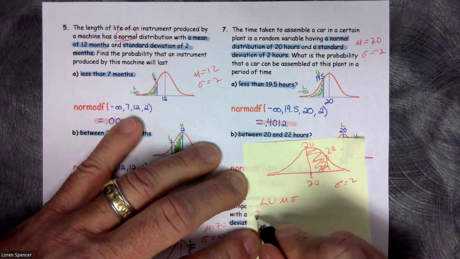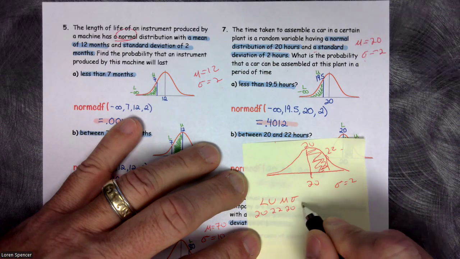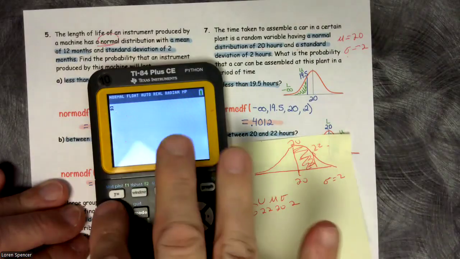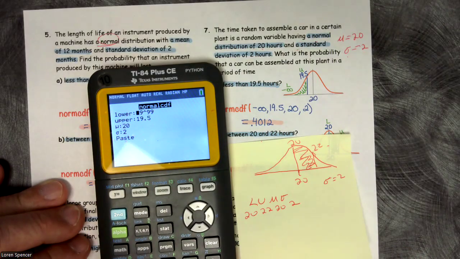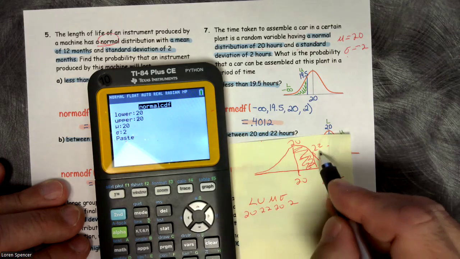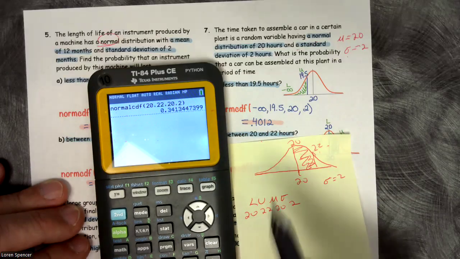My lower part, 20. My upper part, 22. Mean of 20, standard deviation of 2. Lower, 20. Upper, I'm sorry, upper part of my shading, not 20, 22. Mean is 20, standard deviation is 2.